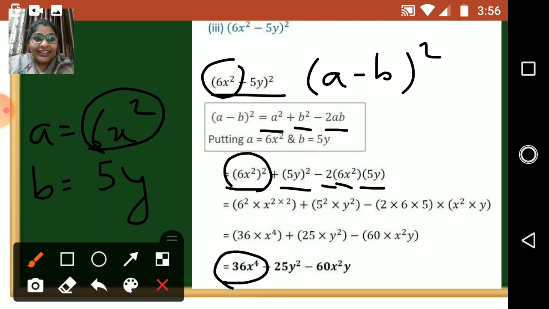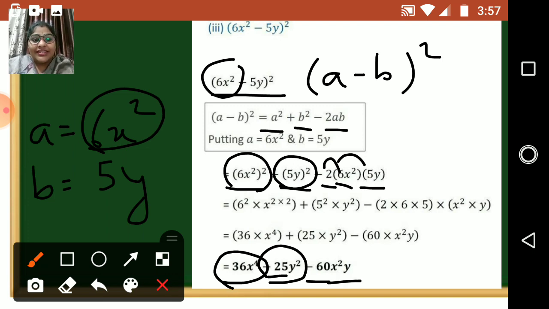I think this is clear. Next one, (5y) square. So 5 fives are 25 and y square as it is children. So it is 25y square. And here if you see, 2 multiplied by 6 multiplied by 5 is nothing but 60. That is 5 twos are 10 multiplied by 6 is 60, and x square y will be as it is.